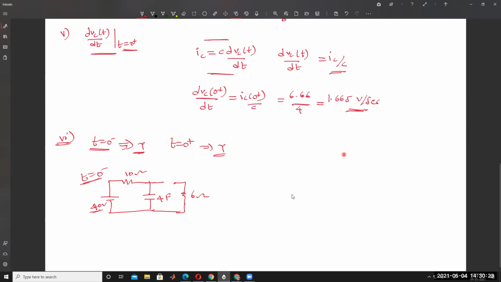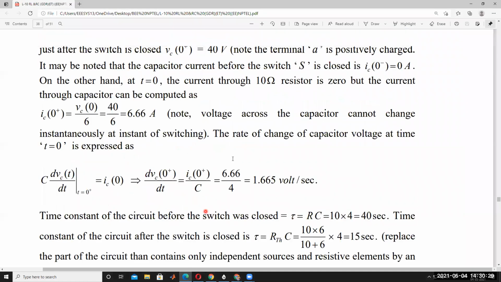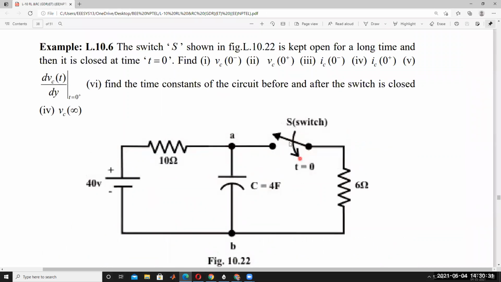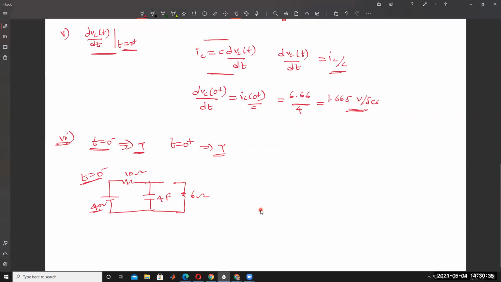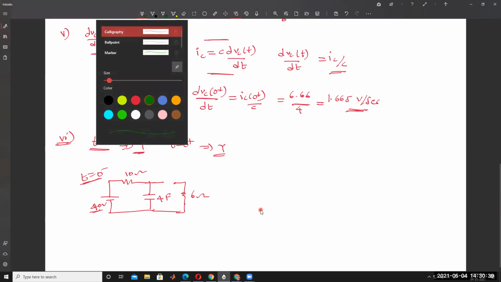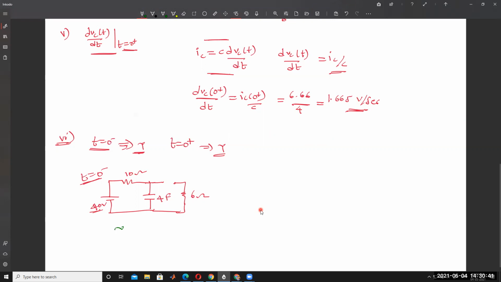At t is equal to 0 plus, what is the circuit condition? The switch is closed. So here, what is the time constant of the circuit? It is equal to RC.